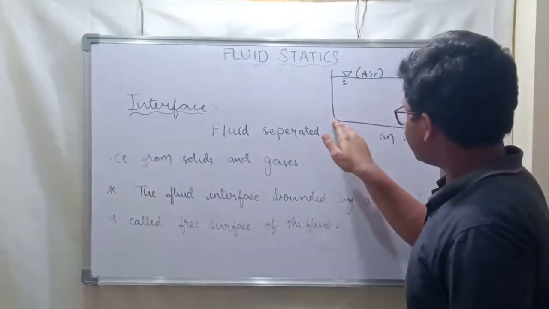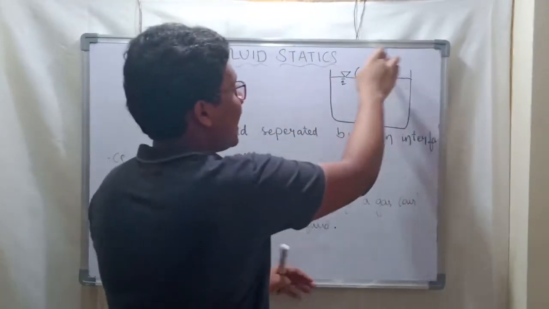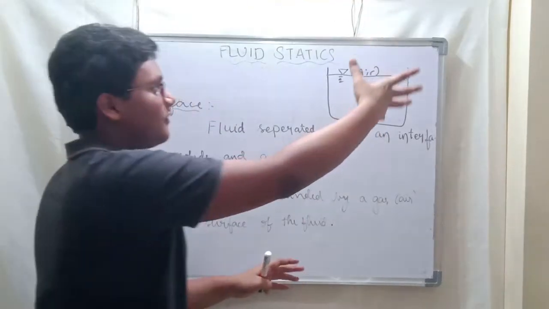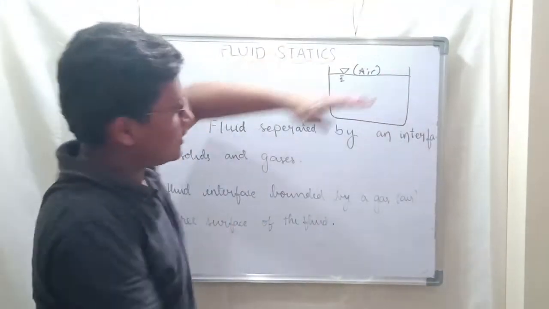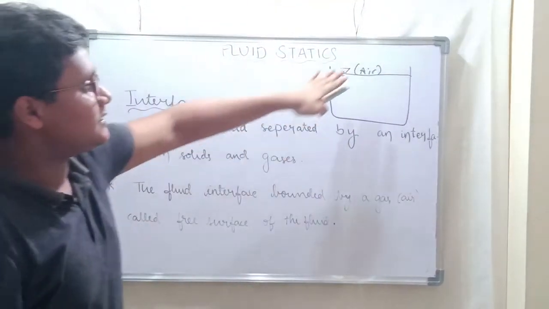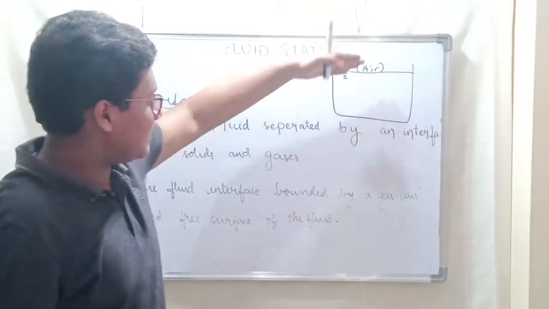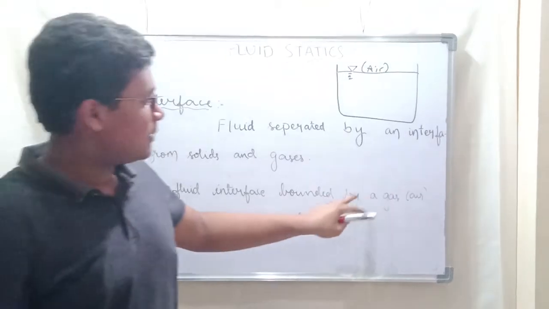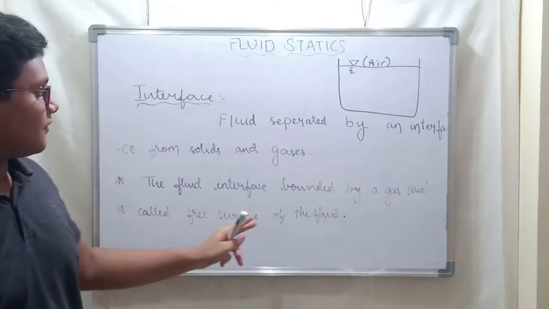Air is the free interface, meaning the fluid interface bounded by a gas is called the free surface of the fluid.